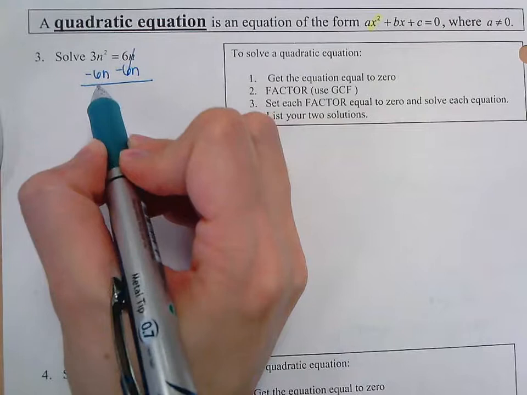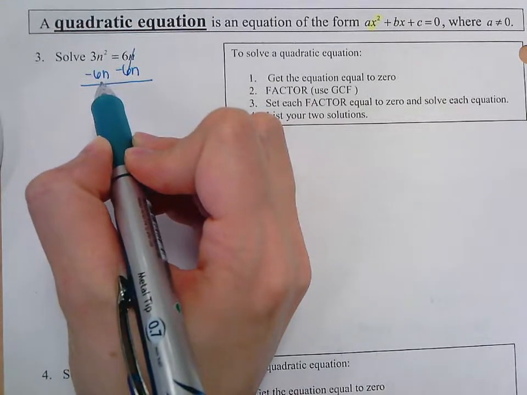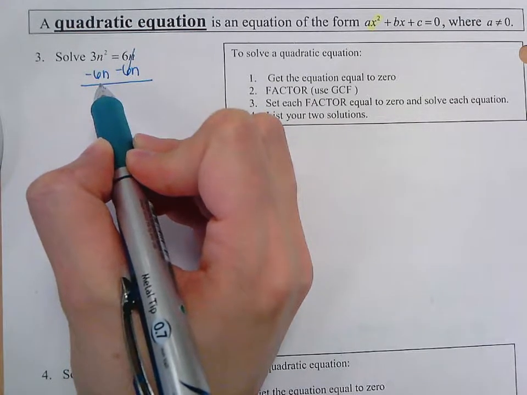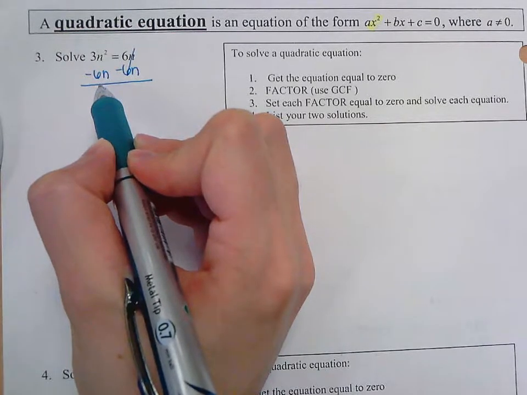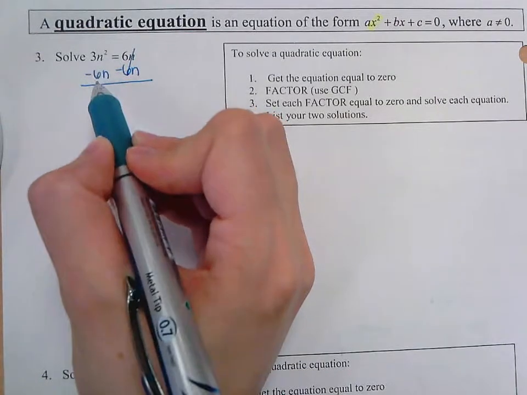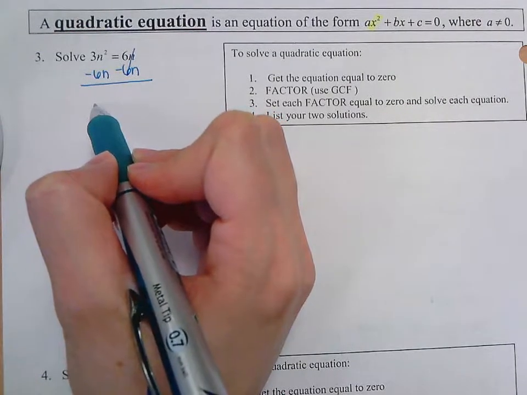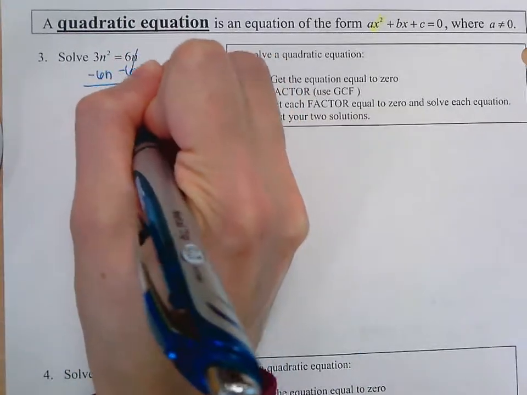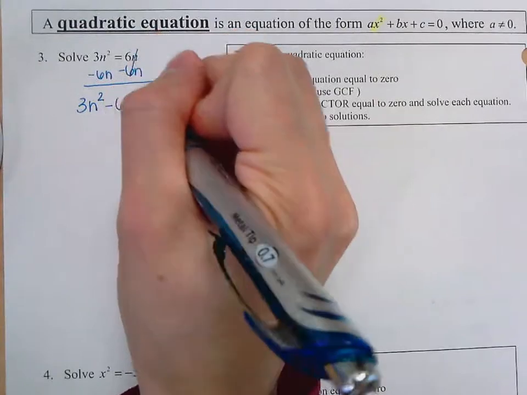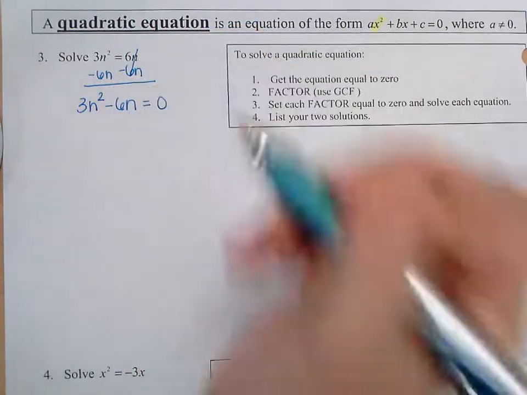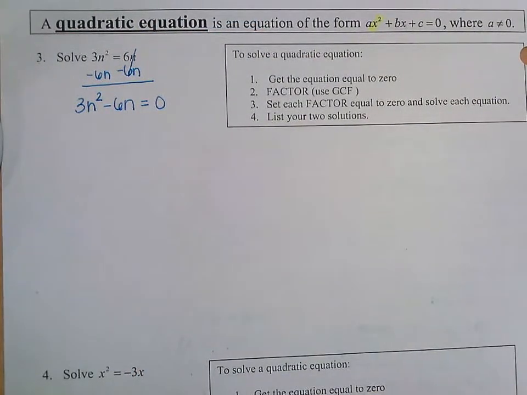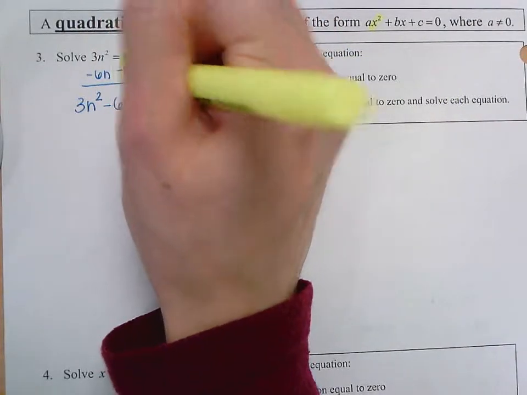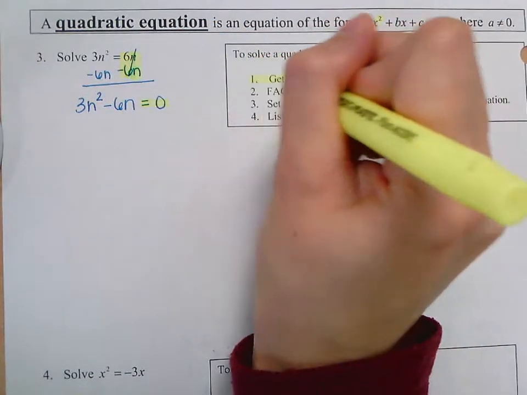Now over here, are these like terms? They are not like terms, so I should not do 3 minus 6 is negative 3. So 3n squared minus 6n is how you'd have to write it. Then I have equals, this side is now 0. Okay, that's step 1.